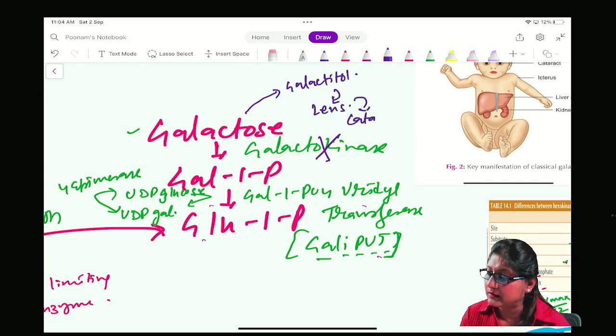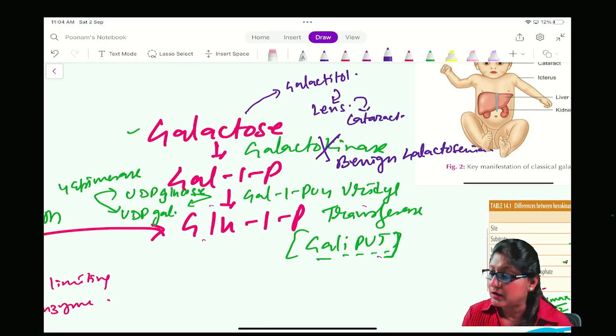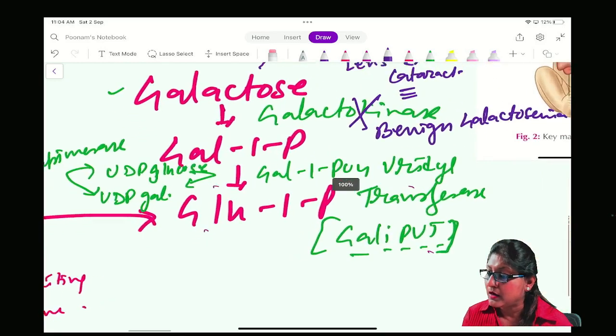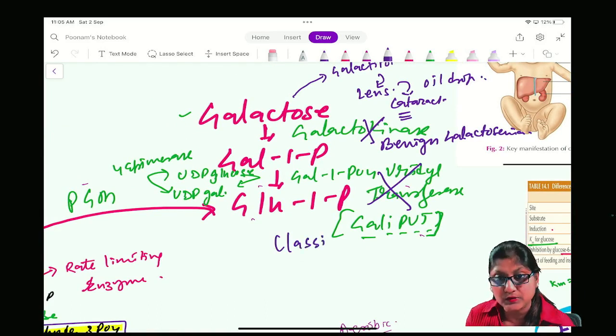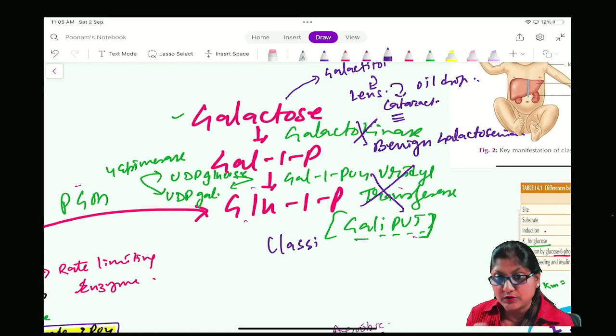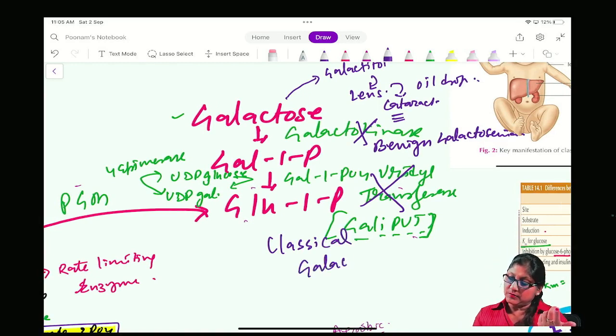So this condition is called benign galactosemia, and the baby will have cataract. It is not that benign. Oil drop cataract. But what is more dangerous is Galliput enzyme deficiency, which is the commonest galactosemia, and this was the galactosemia which was first described. It's called classical galactosemia, where the baby is having more than cataract.